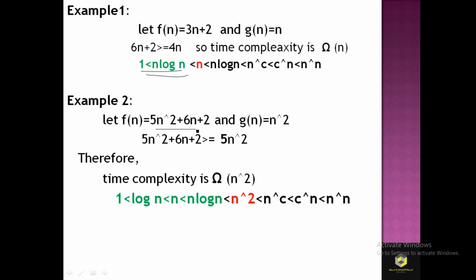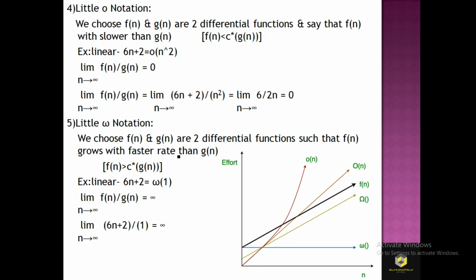When we consider a quadratic polynomial, we take n square as the time complexity. So the values in the lower bound, that are 1, log n and n log n, are also time complexities of the given quadratic polynomial.